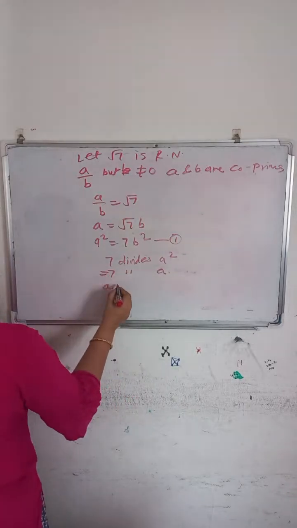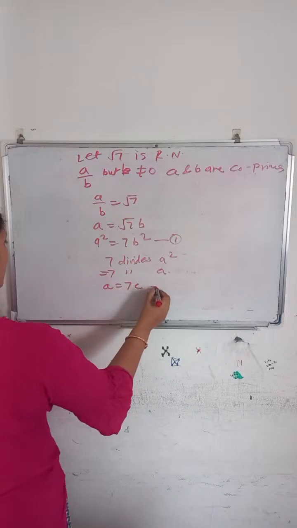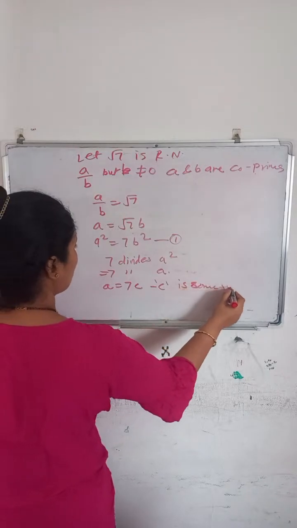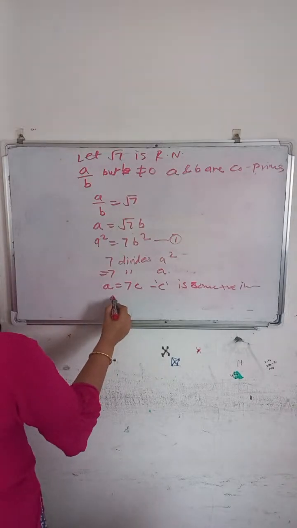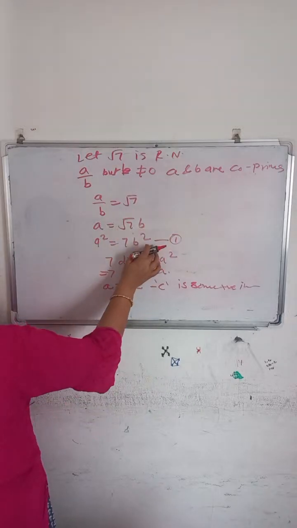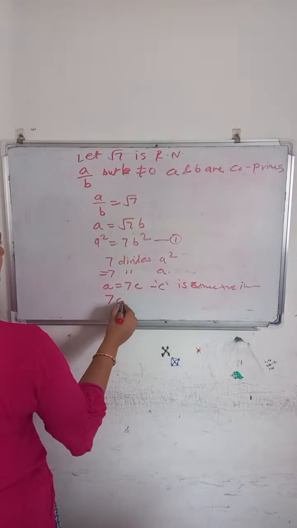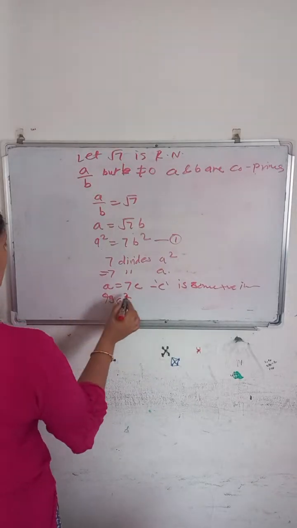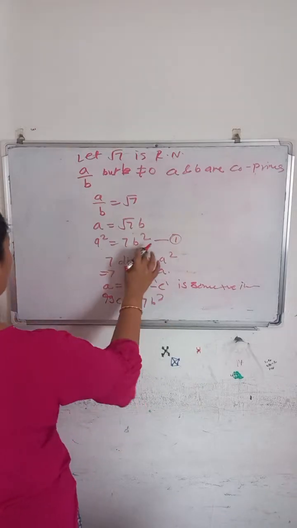So we can assume a is equal to 7 times c, where c is some positive integer. Now substitute a is equal to 7c in equation number 1. This becomes 49c square is equal to 7b square.